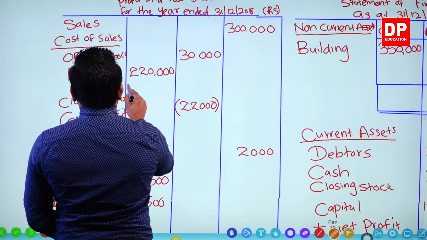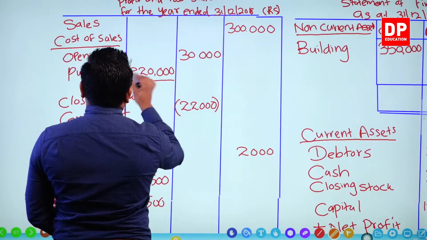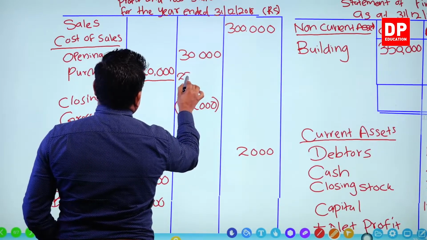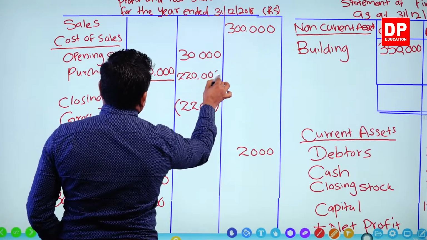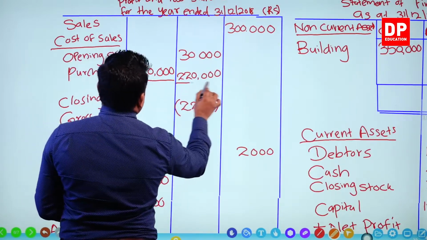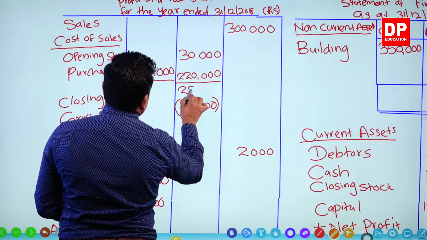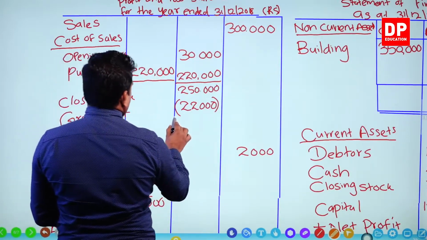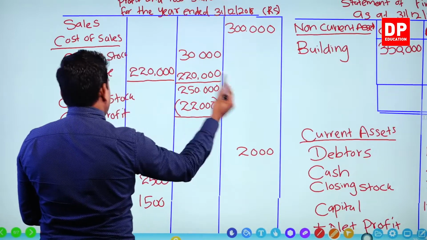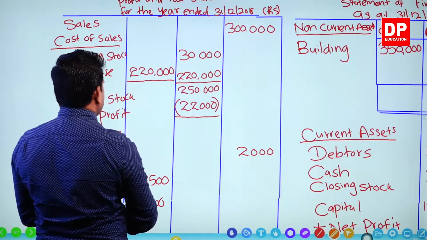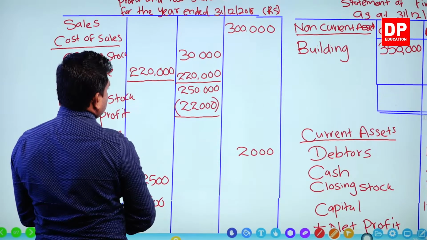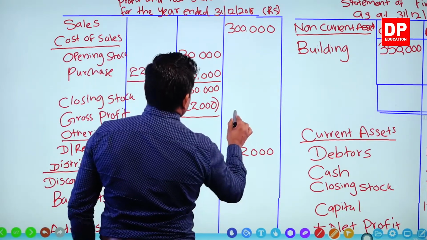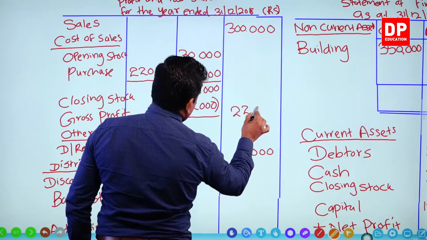Opening stock 30,000, purchase 220,000, no purchase related expense, so we bring it to here, 250,000. From 250 subtract 22,000. Then you can bring it to the next, right? Then 228,000.